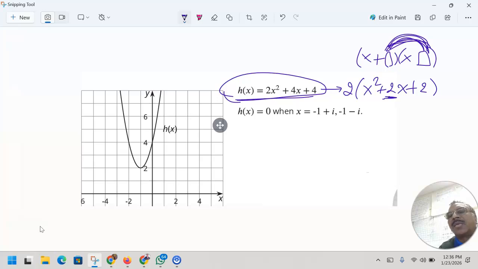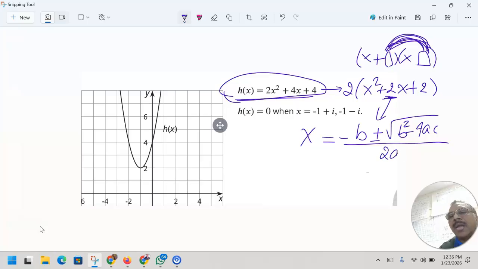That's not possible. So what we do here is use the quadratic formula, which is x equals minus b plus or minus the square root of b squared minus 4ac, divided by 2a. So then what is that? a is 2, b is 4, and c is 4.